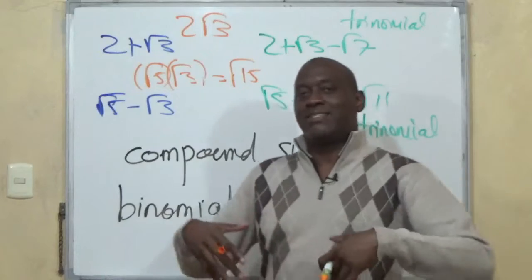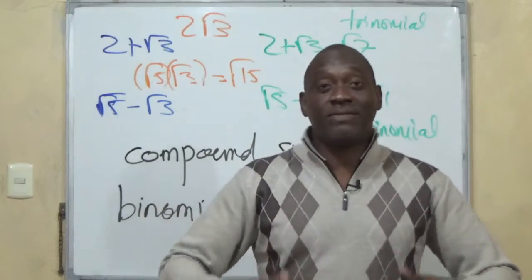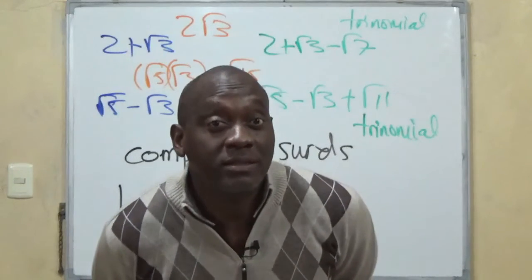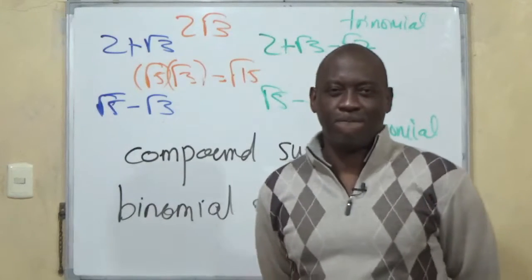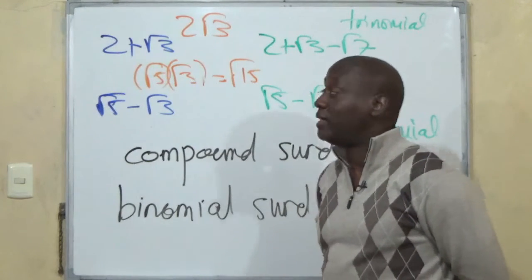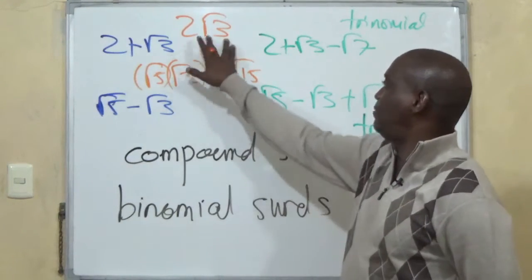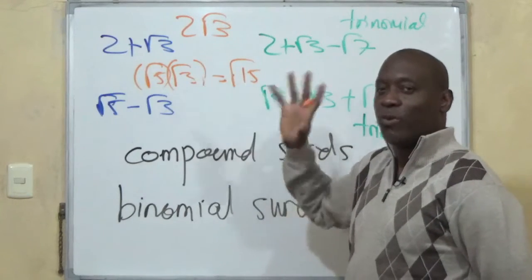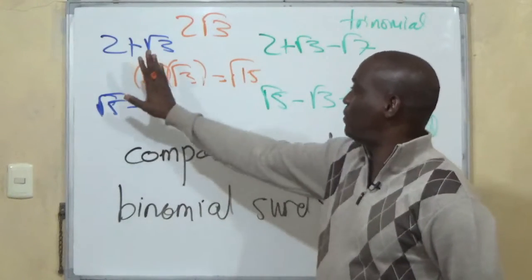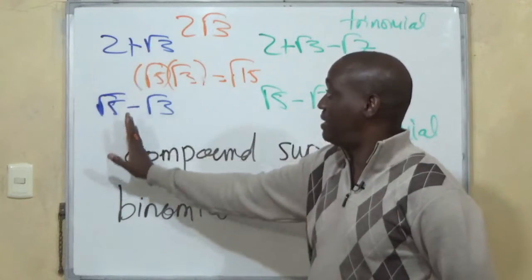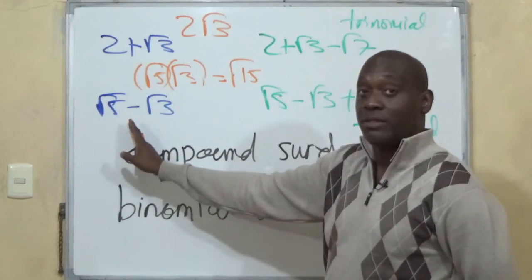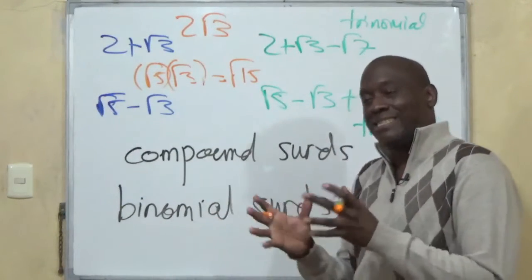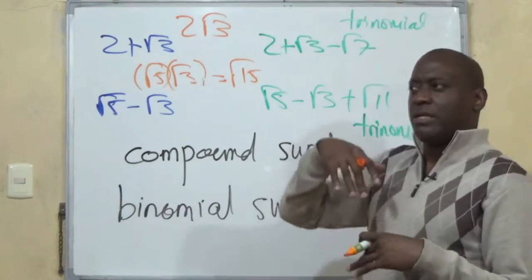In other words, it is not binomial just because of the existence of two numbers. Don't confuse that. You might say, well, it's two numbers, so it's binomial. No. What makes it binomial is that the operation is either addition or subtraction. So you have two numbers that are linked by addition or subtraction.